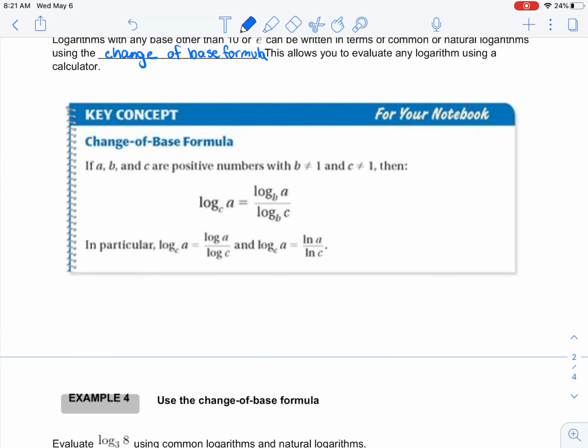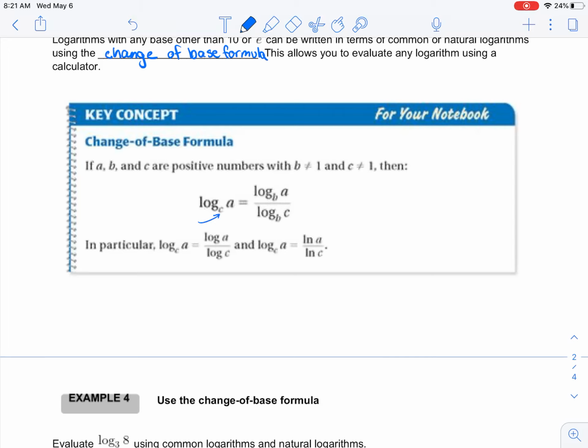So yes, your calculator does have that change of base formula. Remember, it's deep in the calculator, it's in your math menu. But we have this kind of fancy formula where you have these bases. So if you want it to be in a base 10, say, so let C be base 10, so you can put it in your calculator. And then you would just type, I'm sorry, not base 10.